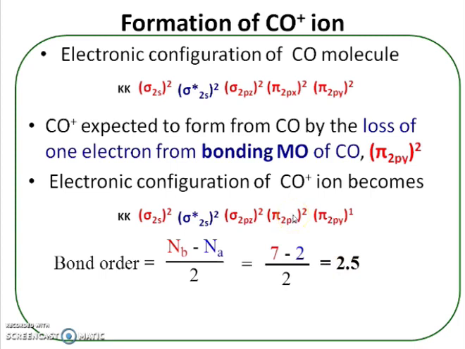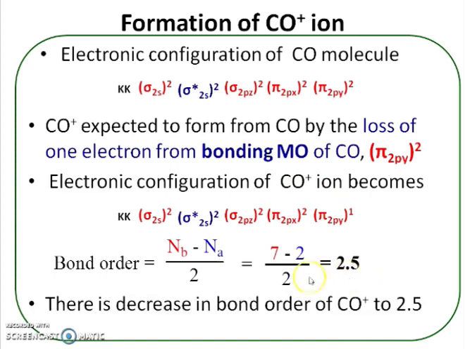So the bond order of the CO plus ion is 2.5, and this indicates that there is a decrease in bond order. For carbon monoxide it was 3, and when carbon monoxide is converted into the CO plus ion, the bond order decreases to 2.5.